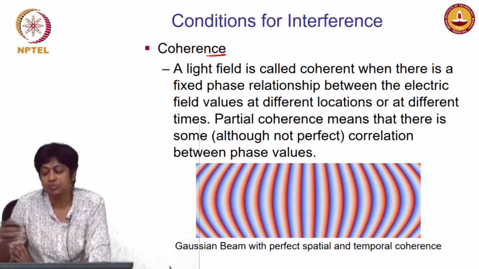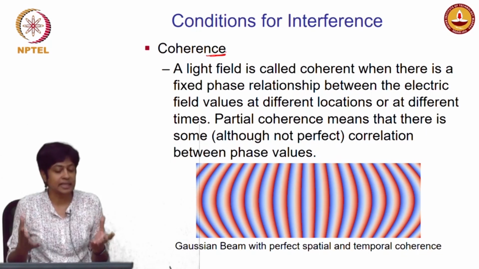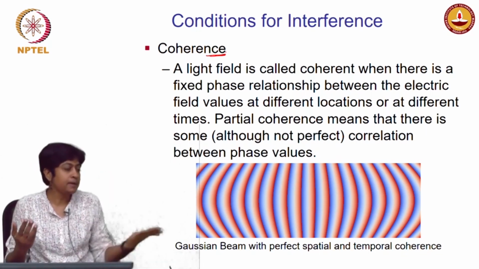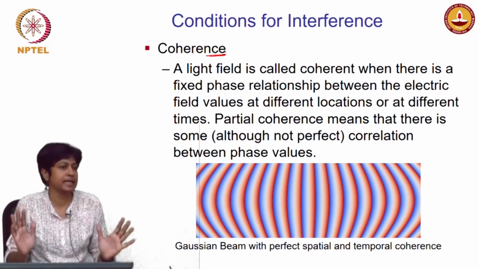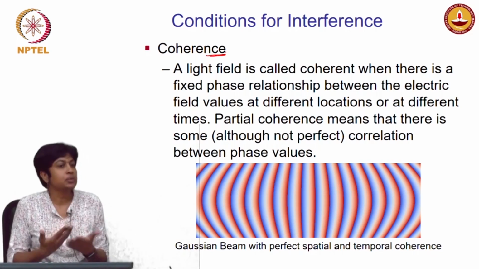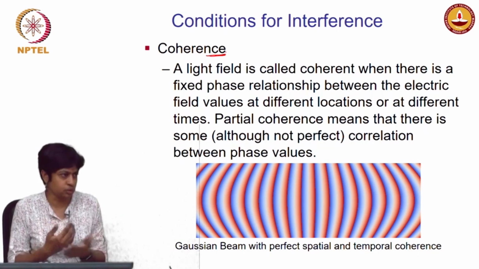Now, if you think about it, the pattern you saw shows what happens when, let's take a simple case, you have two beams of light and we say they're interfering. You get this kind of fringe pattern, even what I showed on the previous slide.